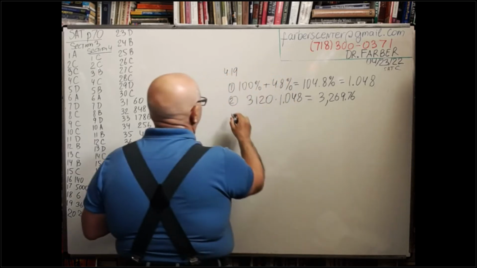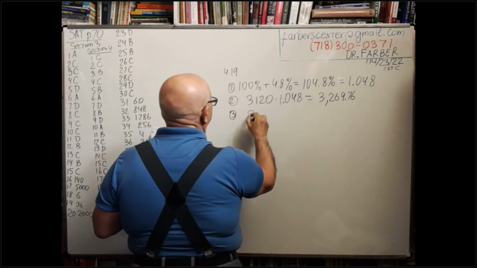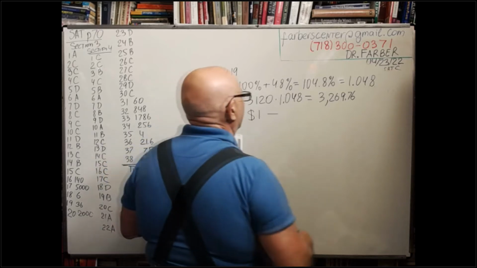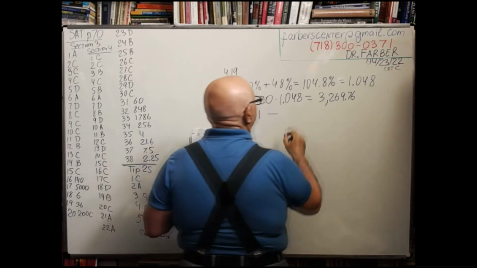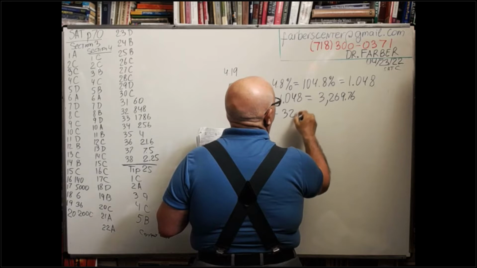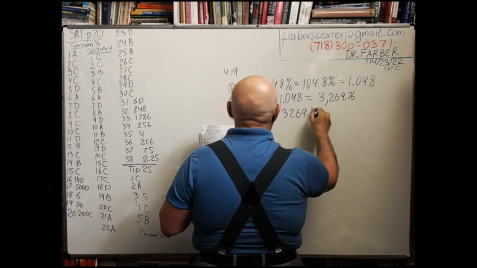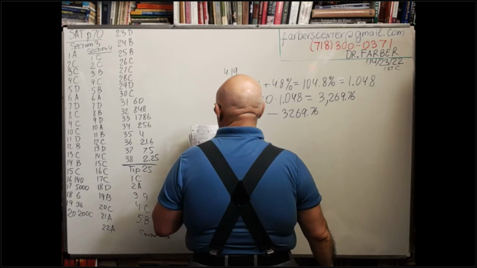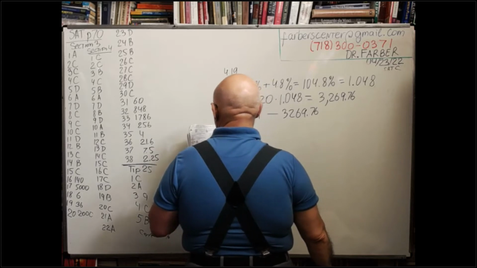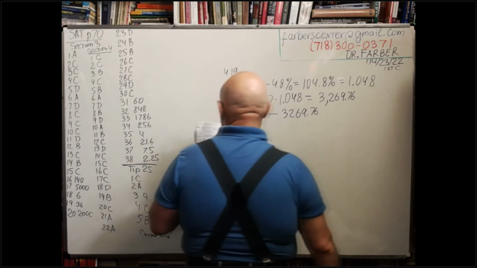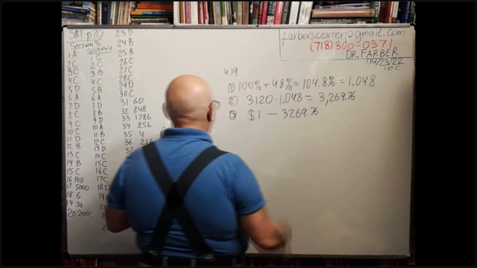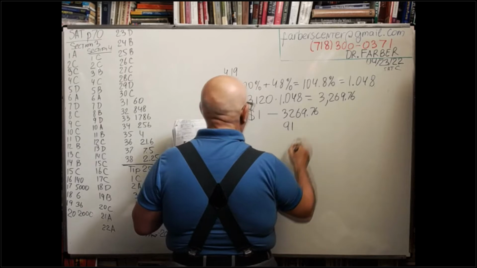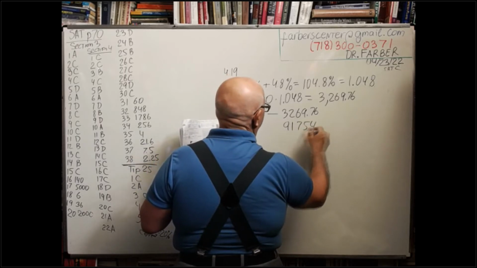Next, you know that $1 is equivalent to this amount of old pesos, 3,269.76. And they ask you how many dollars could be exchanged for 91,754.